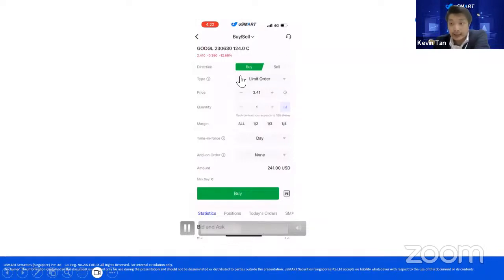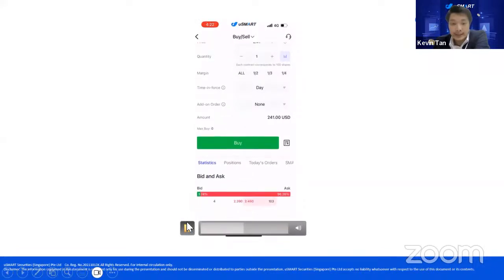Over here, you can select the different type of order. So we have limit order, which is basically trying to place a price that you are interested in. So you could potentially put $2.42 or $2.43, or whatever price that you believe you can actually get the transaction done.